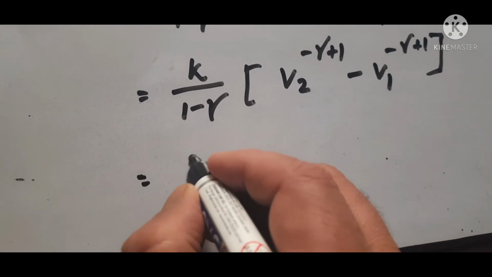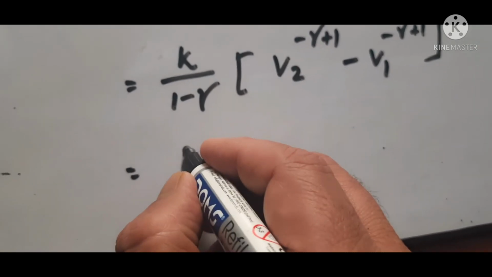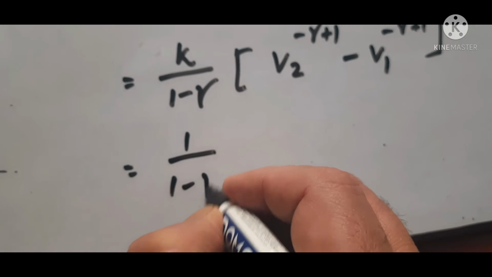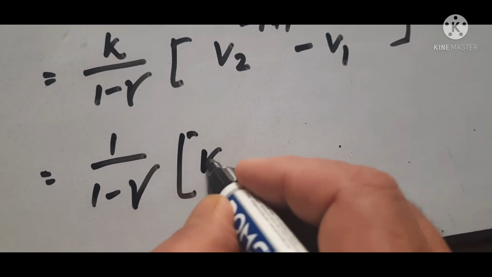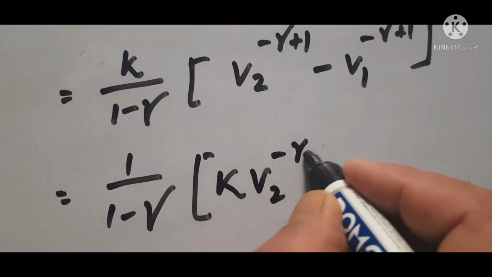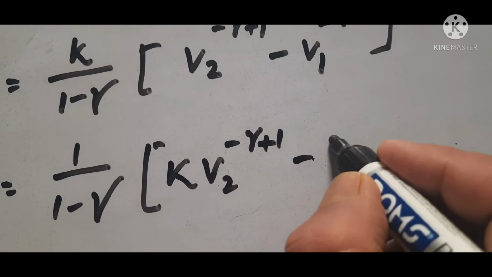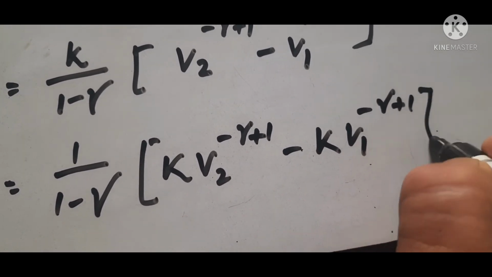Or take the K inside: 1 by 1 minus gamma, K V2 to the power minus gamma plus 1 minus K V1 to the power minus gamma plus 1.